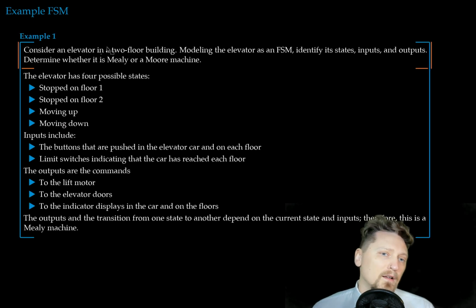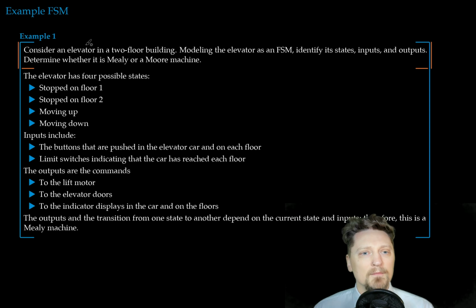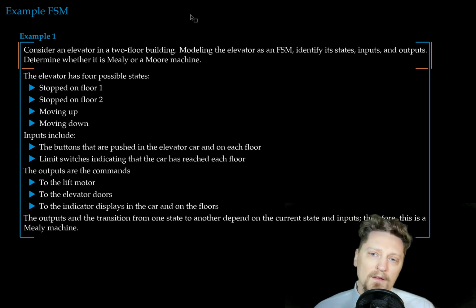Here is the paradigmatic example of an elevator in a two-floor building. Modeling the elevator as an FSM, identify its states, inputs, and outputs. Determine whether it is a Mealy or a Moore machine. The elevator has four possible states: stopped on floor 1, stopped on floor 2, moving up, or moving down.